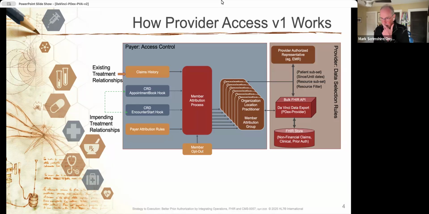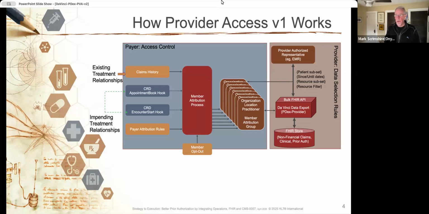Now, what this requires is that the payer generates these lists for every one of their in-network providers, or providers with which they have some sort of contractual relationship. And that list is used to actually then come in.